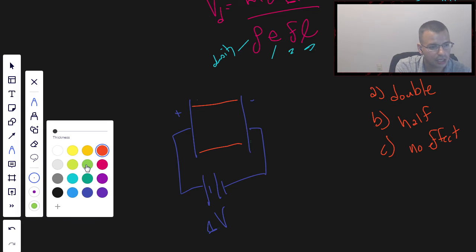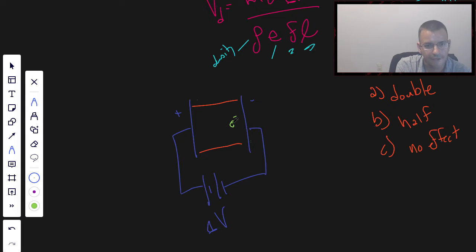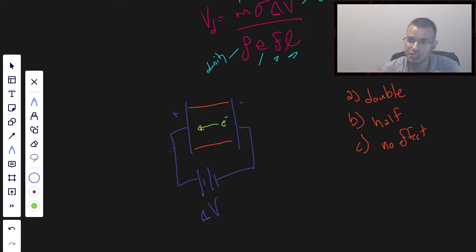We're going to draw, let's say, an electron right here, and as this electron moves from right to left, that's going to be the drift velocity. Drift velocity is just how fast the charge carriers are moving.